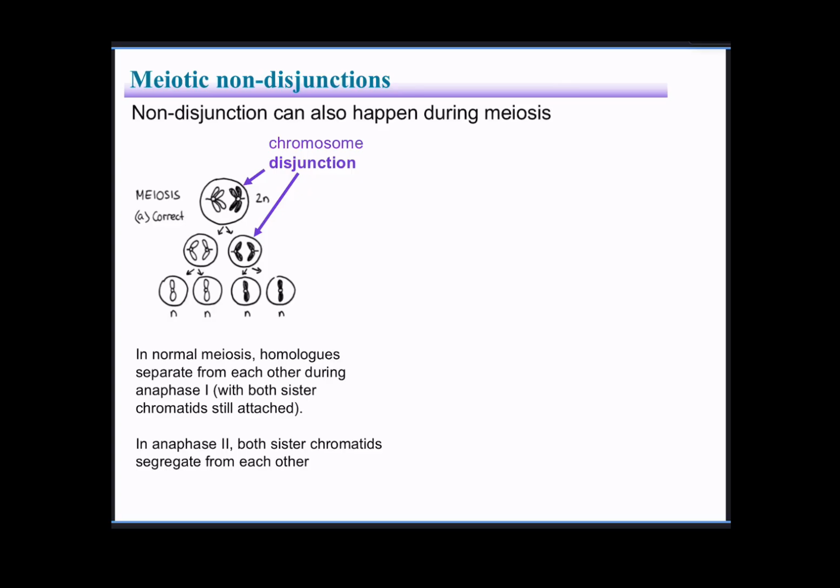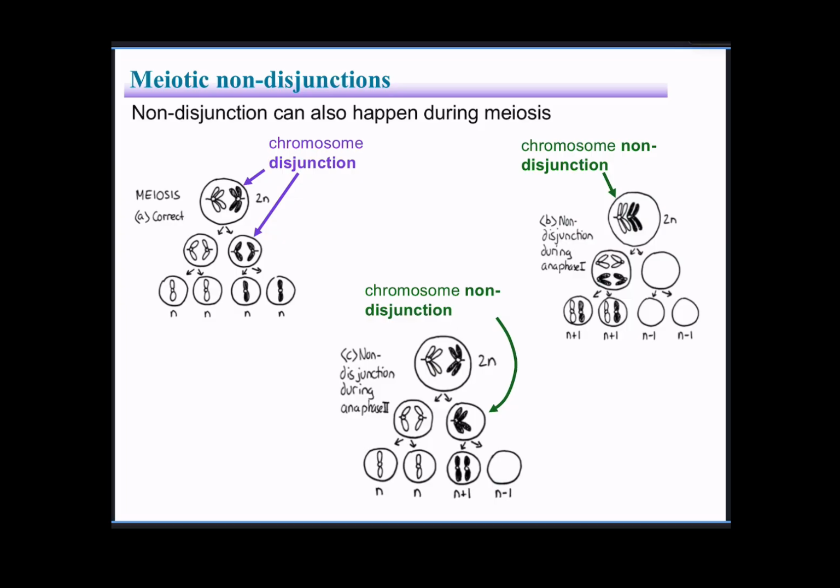So there's 2 instances in which there is chromosome disjunction. The first disjunction separates the 2 members of a homologous pair. The second disjunction separates the 2 sister chromatids within a chromosome. Either of those 2 could fail. And if you have a non-disjunction during anaphase 1 and the 2 homologous fail to separate from one another, now both of them will end up in one of the daughter cells, the other one inherits nothing.